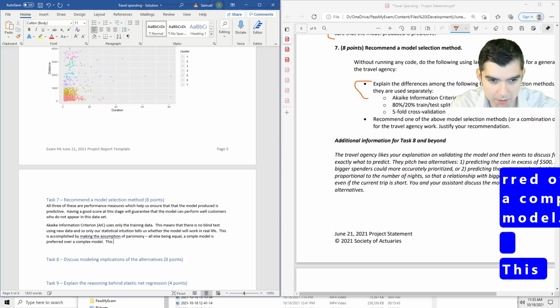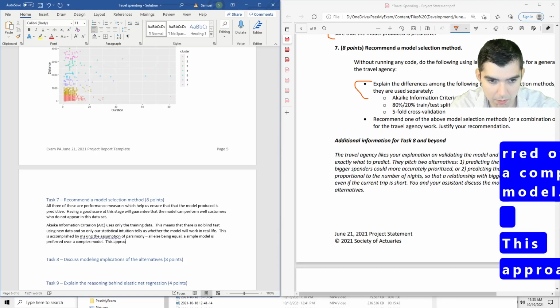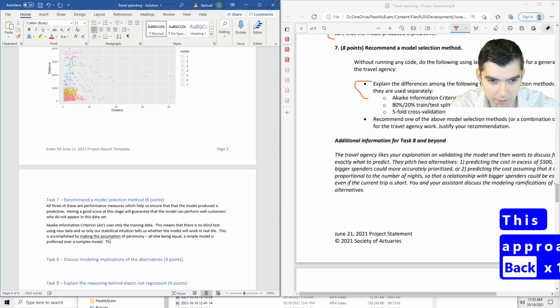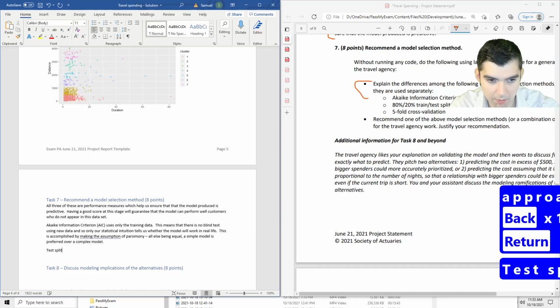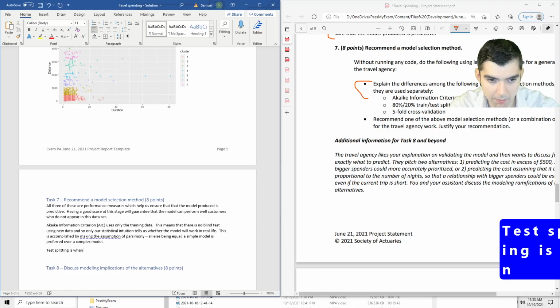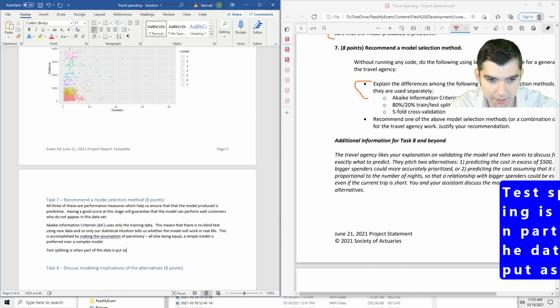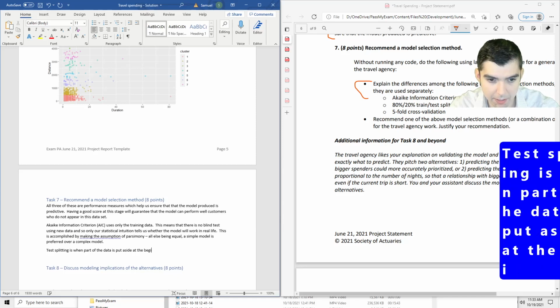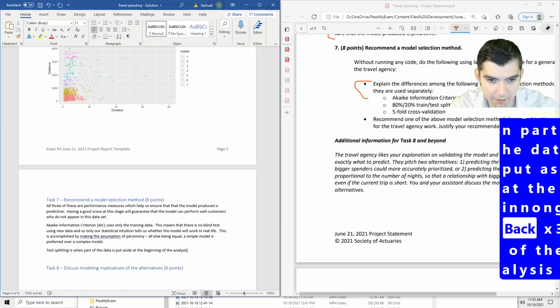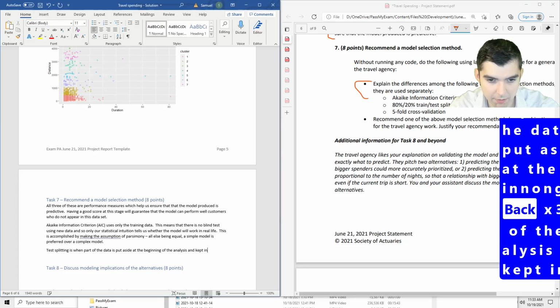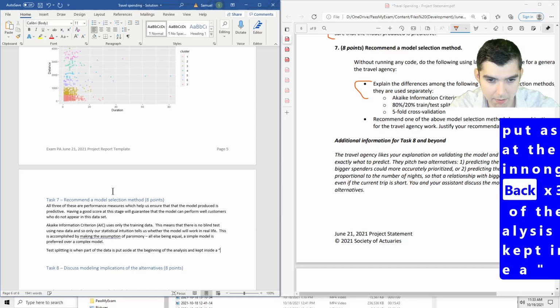And then we're going to talk about 80-20 test splitting. Splitting is when part of the data is put aside at the beginning of the analysis and kept inside a box.